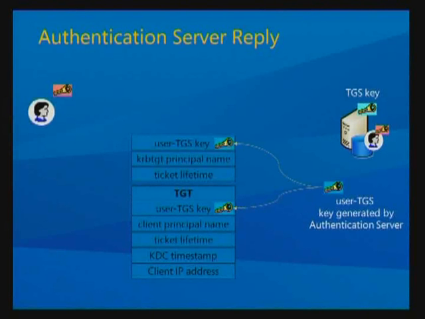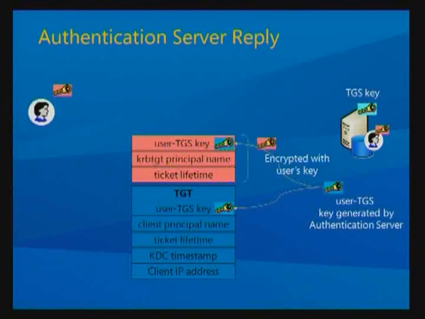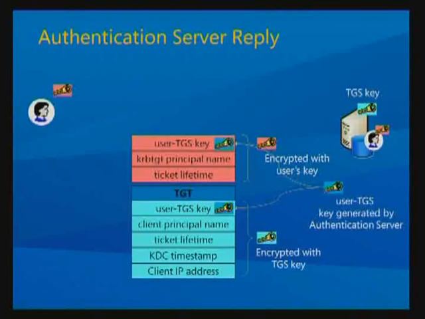We put that key in both the TGT and the user's TGT key. And then we encrypt that lot with the user's key derived from the actual password hash. So the user is going to be able to decrypt that. And then we encrypt this lot with a key that only the TGS service knows. Pass that back to the user.